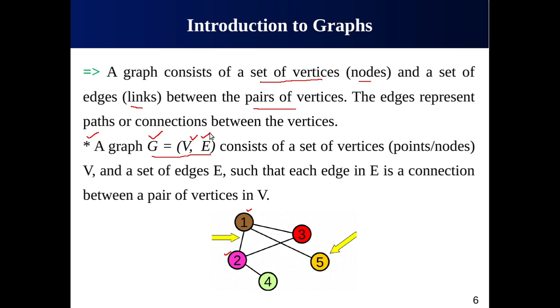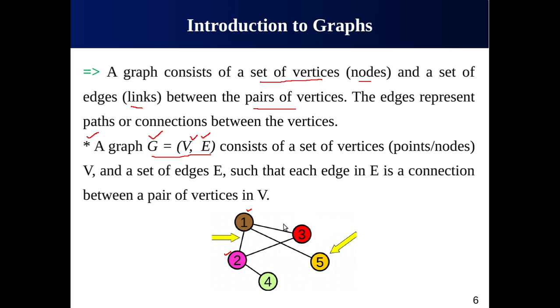So you can say that a graph G consists of a set of vertices, also known as nodes or sometimes points, represented by V, and a set of edges, represented by E and commonly referred to as links, such that each edge in this set, or each link in this graph, is a connection between a pair of vertices in V. And it is clear from this graph, every link, every edge is a connection between a pair of vertices.